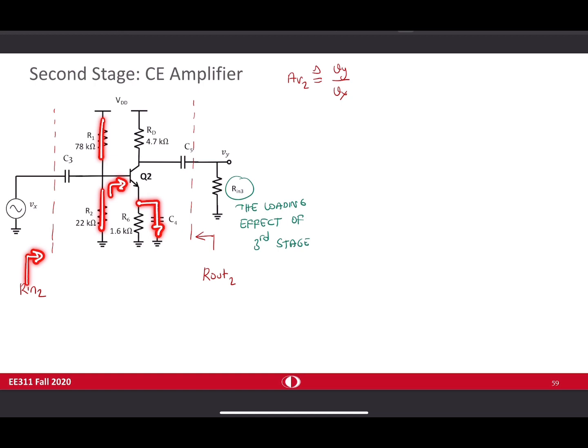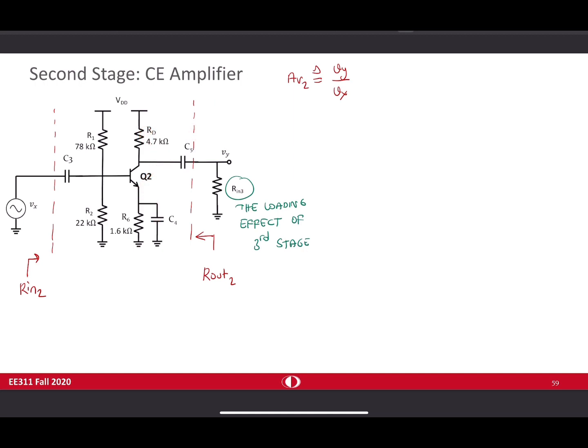So Rin2 should be equal to R1 in parallel with R2 in parallel with R pi 2. For the output resistance, you are looking from here. We have two components, Rd in parallel with the resistance seen in this direction, which is Rout2, because it's a common emitter amplifier. So Rout2 should be written as RO2 in parallel with Rd again.